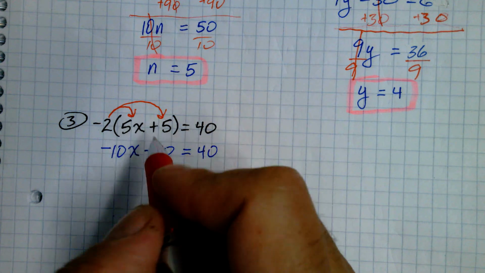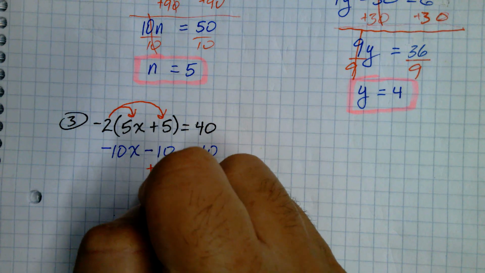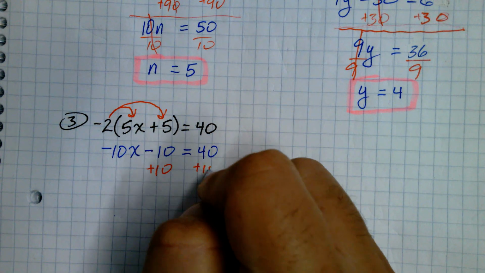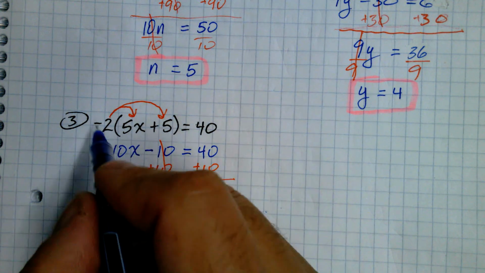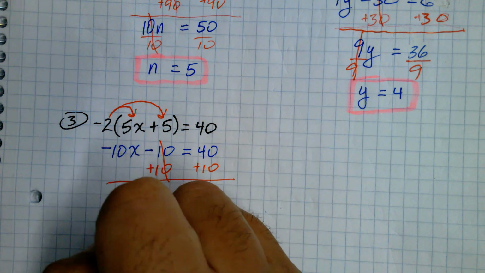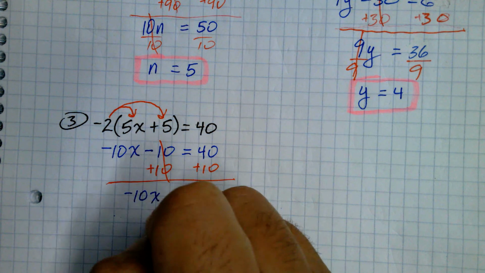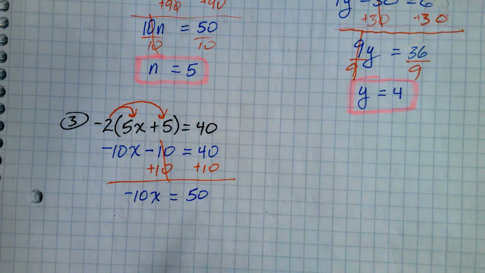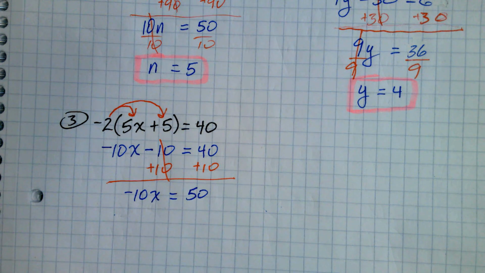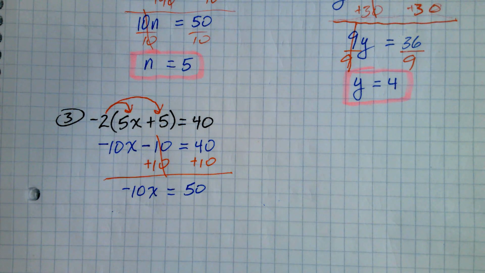And let's go ahead and add the 10. So now we just solve it like any other two-step equation. I got negative 10x equals 50. And so let's get rid of that negative 10. Let's divide it away.